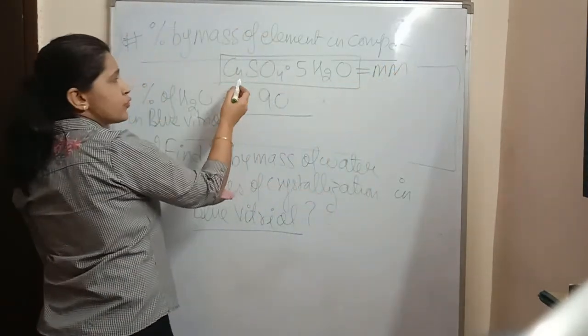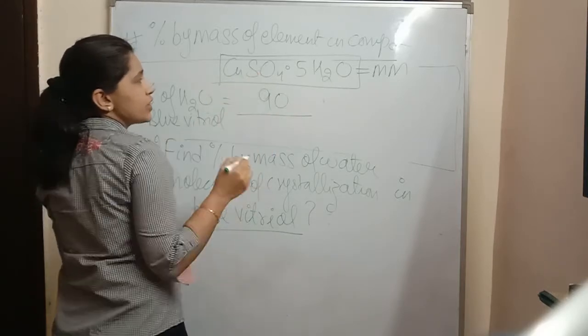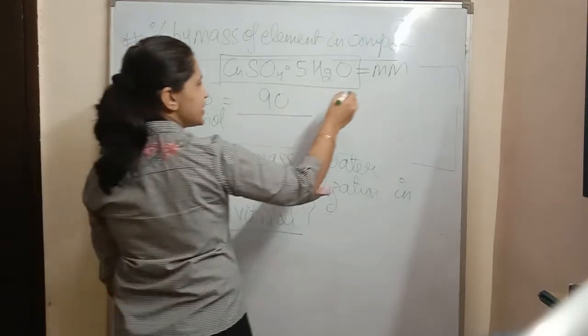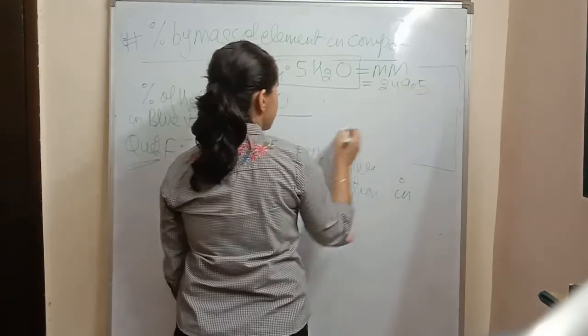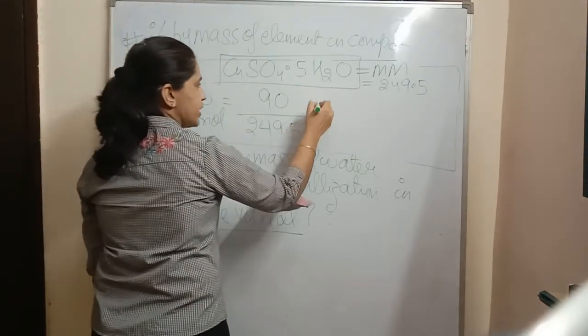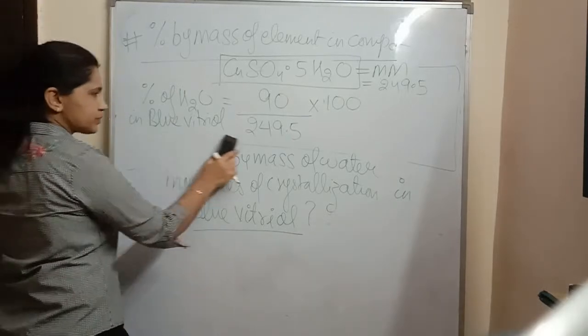It is copper, which I told you a few minutes back is 63.5, sulfur 32, and 4 oxygen 64. Have you calculated it? Somewhere around 249.5, into 100. Do the calculation.